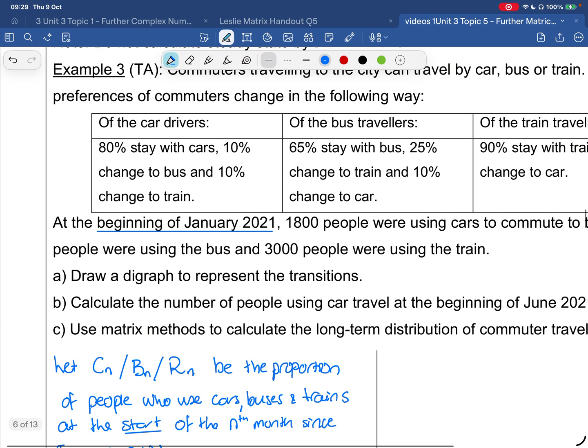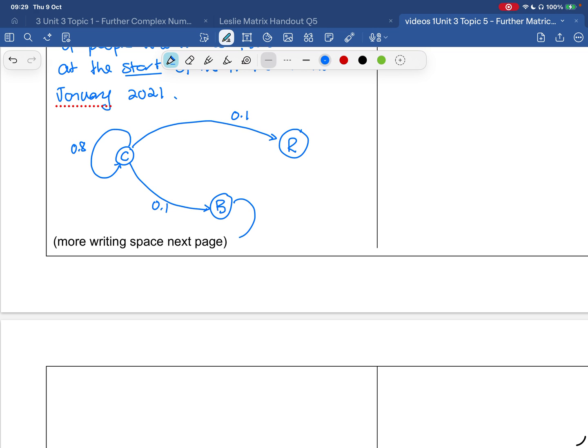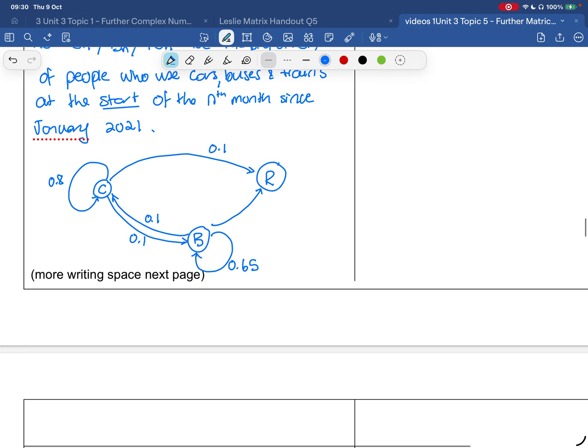Then I look at my bus people, 65 stay with the bus, 25 change to train, and 10% to car. So I have 0.65 staying with the bus, I have 10% going to car and 25% going to train.